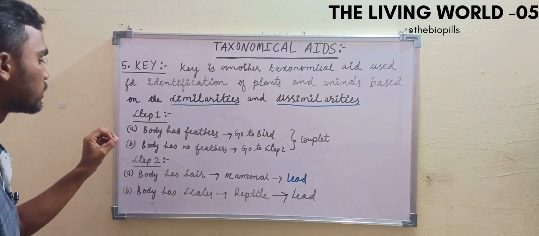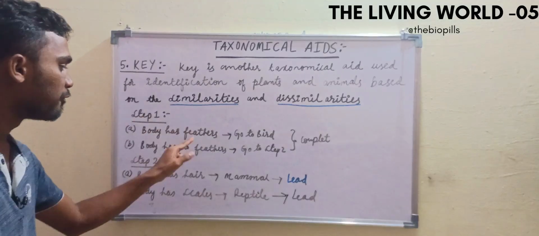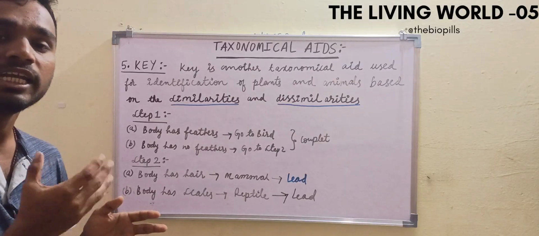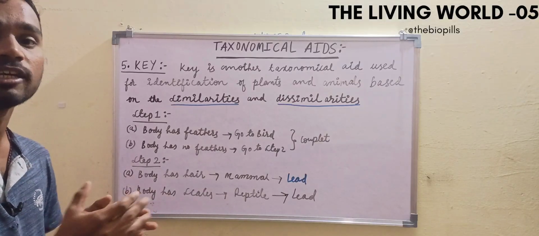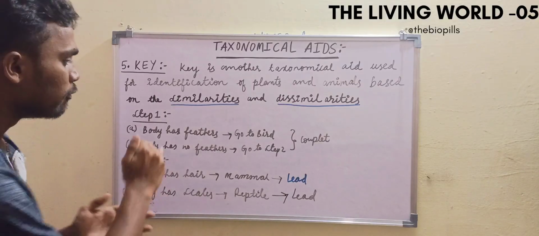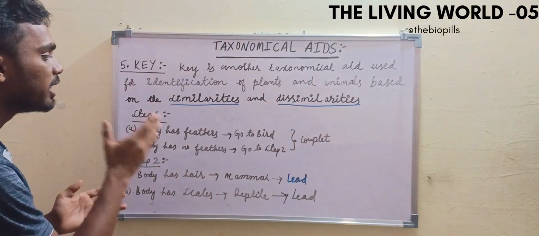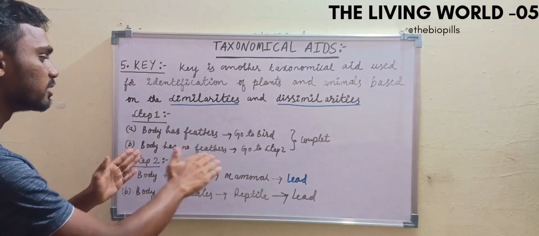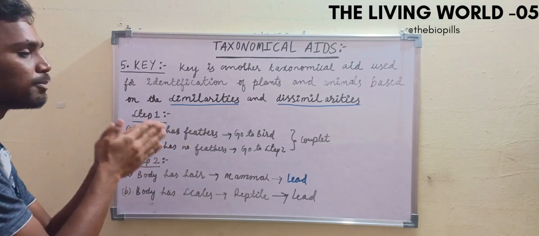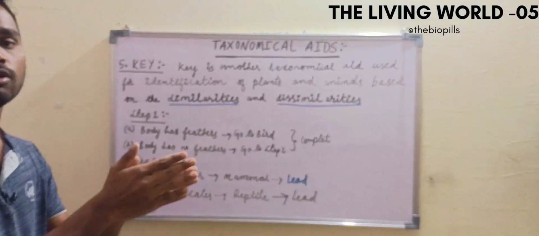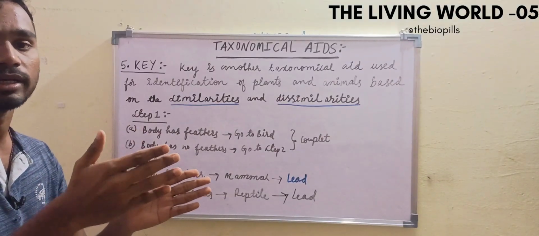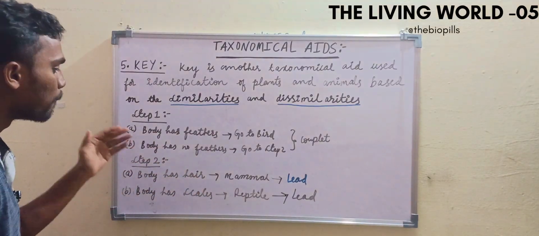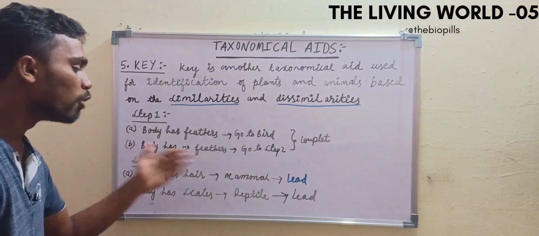Statement A is: body has feathers. After reading body has feathers, we will definitely get an idea that this character belongs to the bird, and this is decisive. That means no other category of animals has this particular character. Then, body has no feathers.